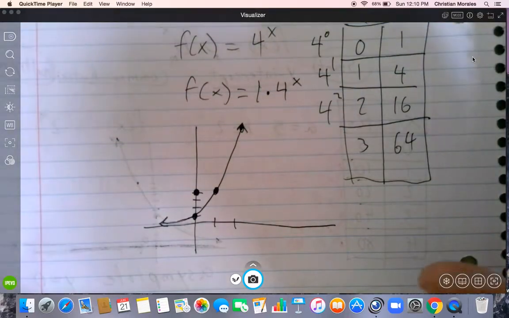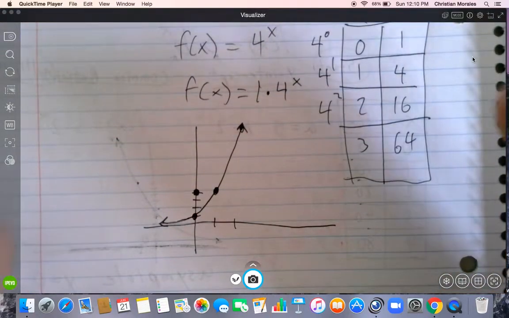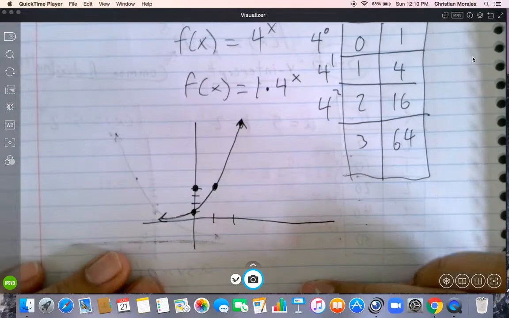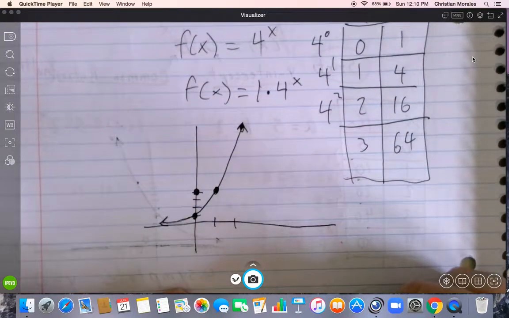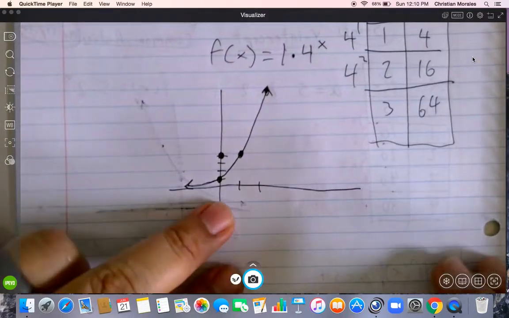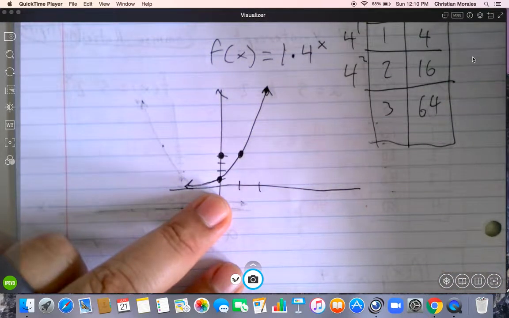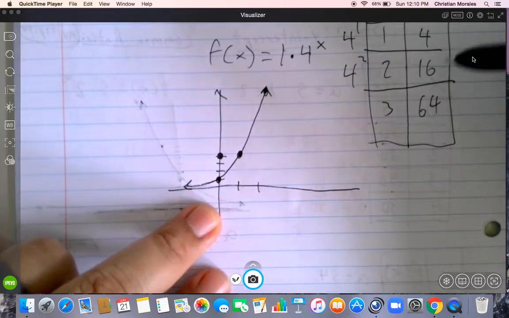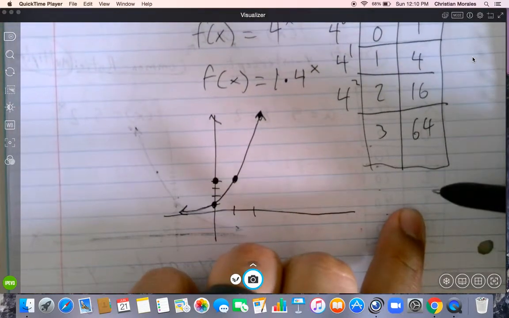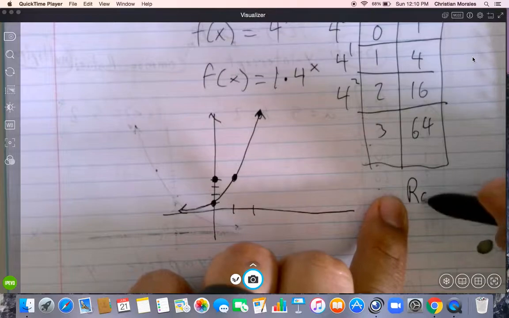Now, something we should talk about. If you notice, none of these have been on the negative side. None of them. So your y values, the answers you're getting here, are all positive. So this we would call the range. Your range.